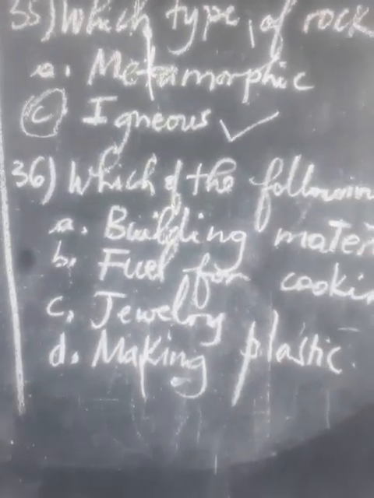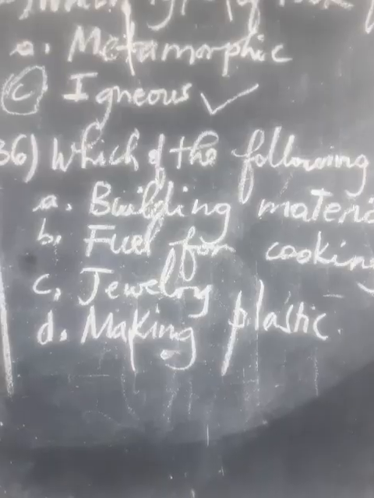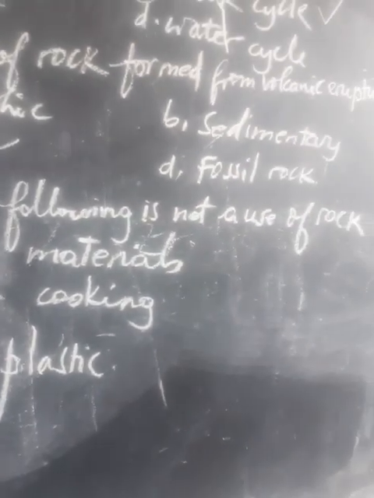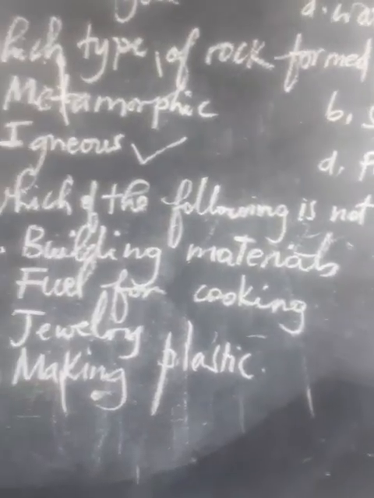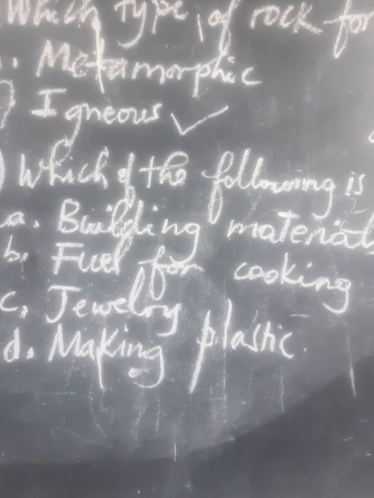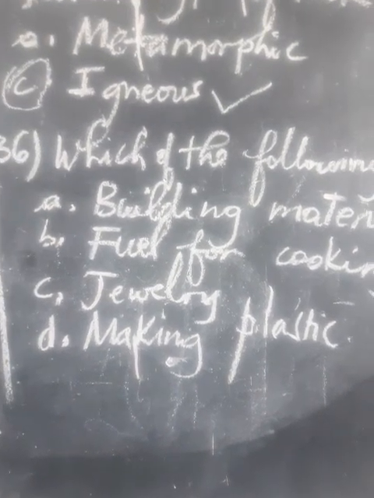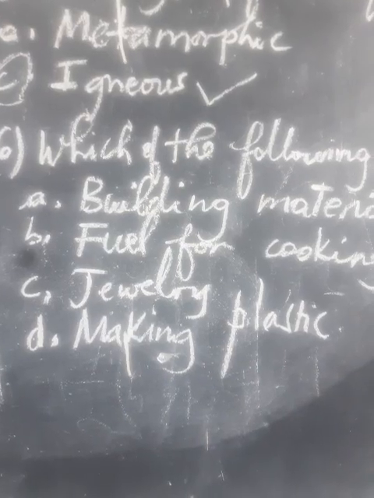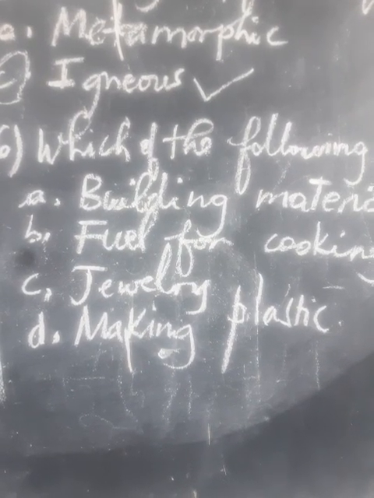Let's go to question 36. Which of the following is not a use of rock? They give us different uses of rock, but they want us to choose which one does not correspond to a use of rock. A. Rocks are used in building materials.